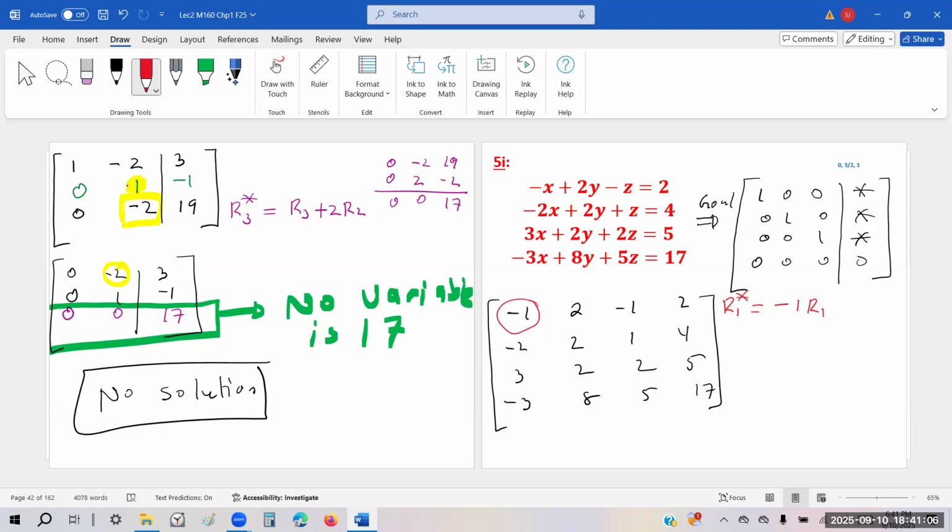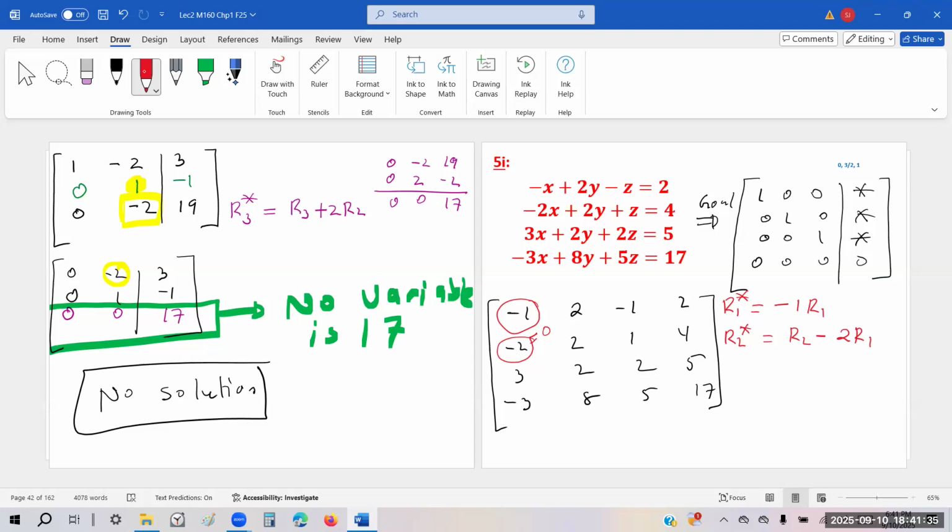Then -2 on the second position, we want that to be 0. So the new row 2 is the current row 2 minus 2 times row 1. If you multiply this by -2, it will turn into +2. +2 and -2 will give you 0.